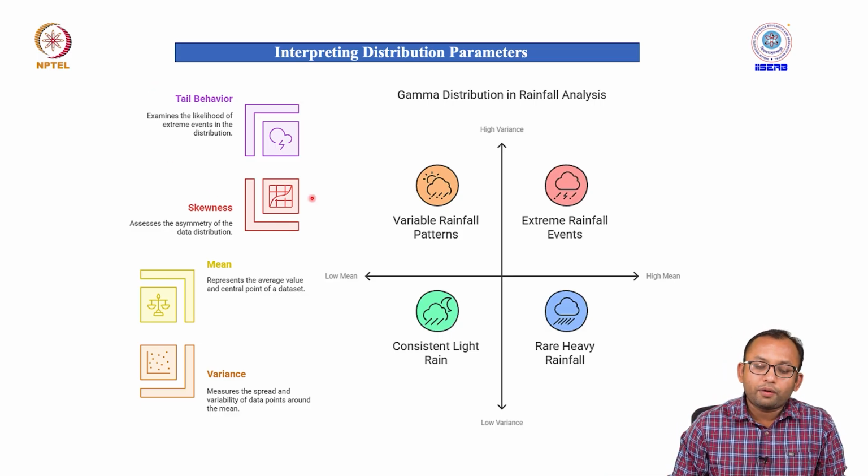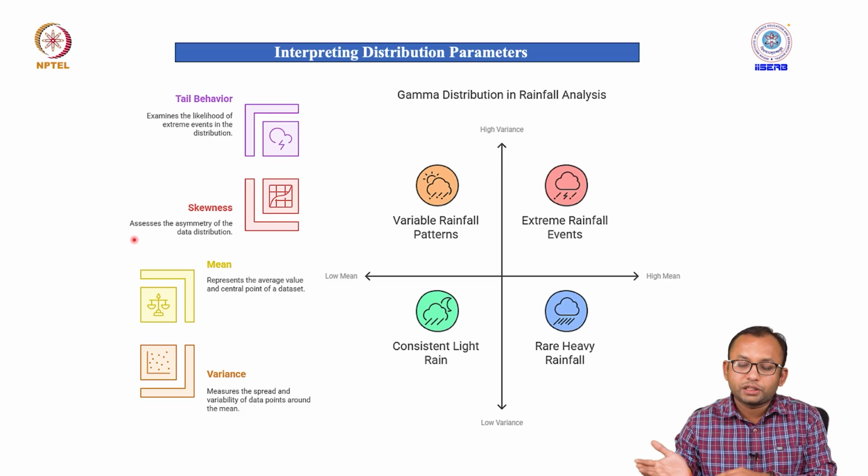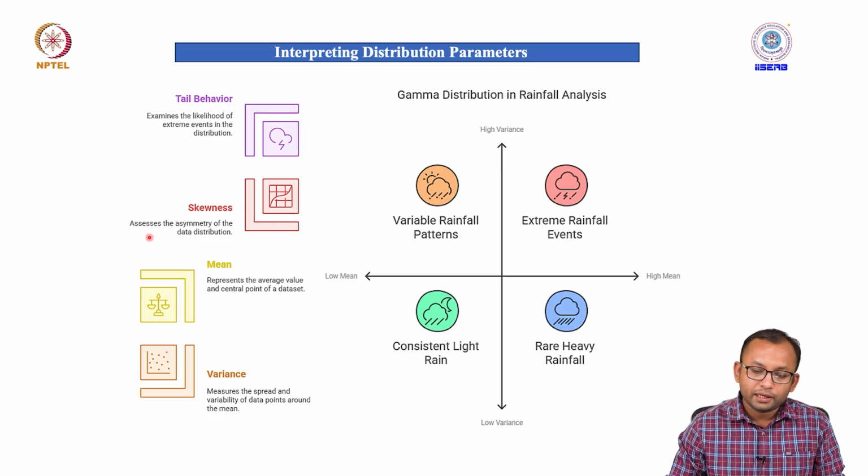Then we also look at the skewness, whether the data is positively skewed or negatively skewed. Then we look at the mean, the representation of the central point of the data. It could be the mean, the median, or the mode.